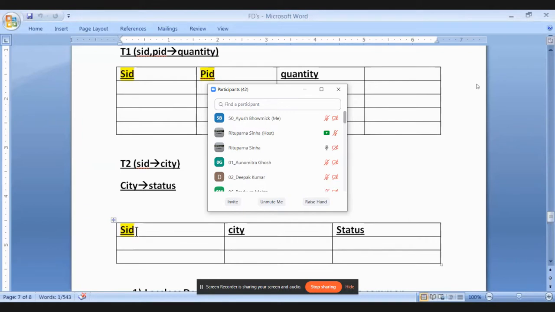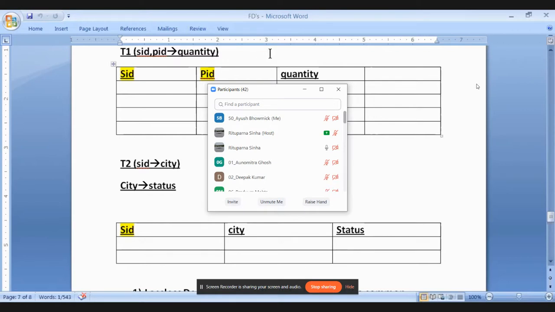So I can blindly say that the decomposition is lossless. Hence, the decomposition is all right. Now I have to check whether the T1 table has been converted to 2NF, and whether the T2 table has been converted to 2NF or not.